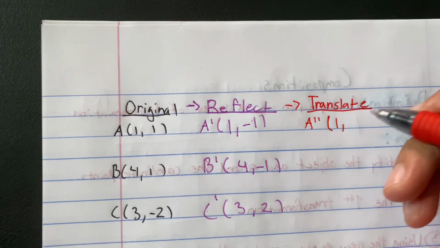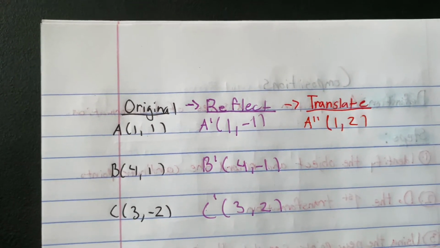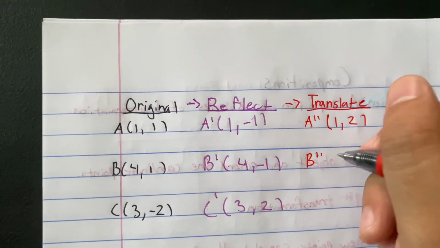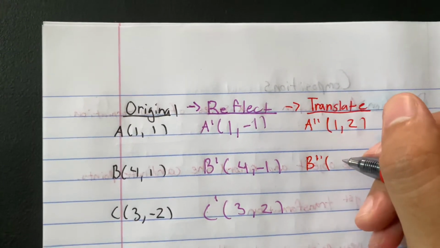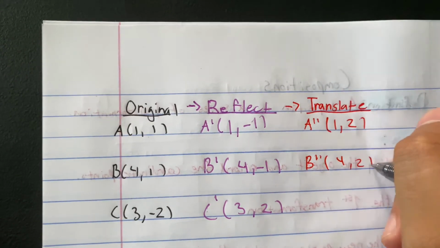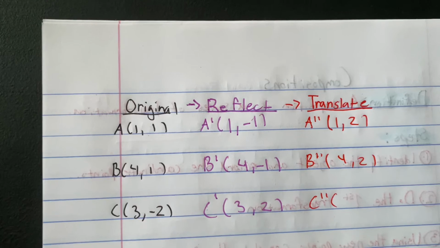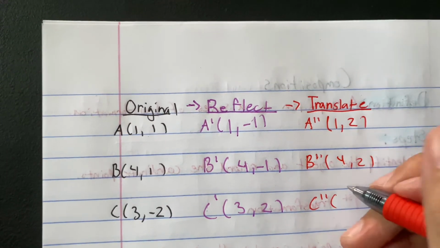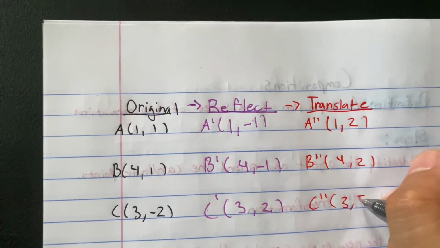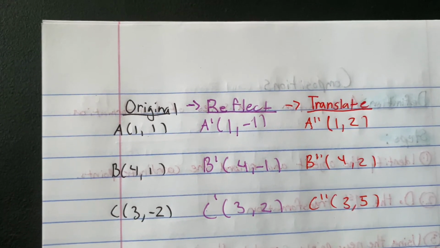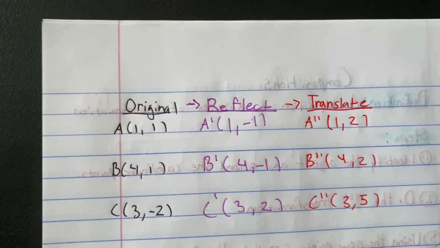And this one goes up by 3, so it'll end up being 2. B double prime is 4 and 2. And C double prime is 3 and 5. And that would be the answer if we did it this way.